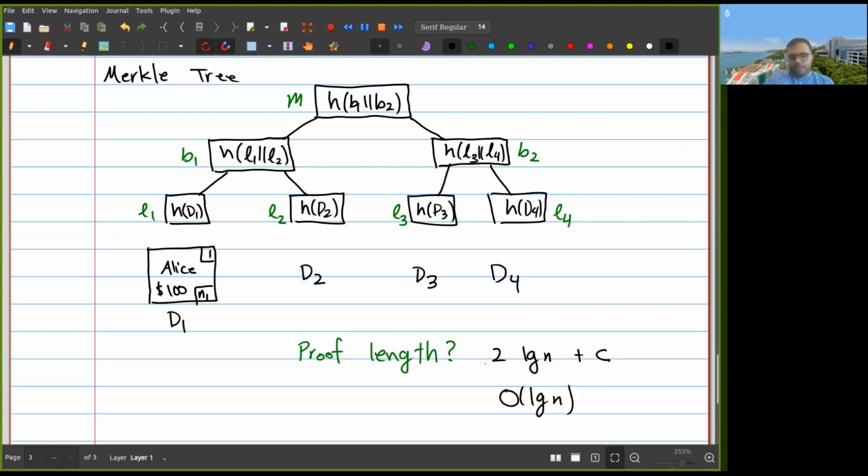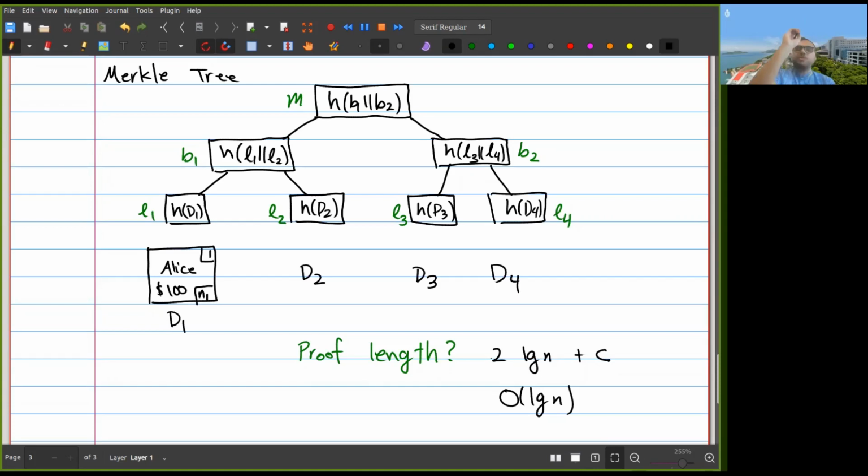And why is the constant factor 2? Because the depth of my tree is log n. And whenever I want to prove the existence of a particular transaction, what I have to do is go through these transactions, start from the root, and go all the way until I reach the leaf that contained that transaction's hash, right?